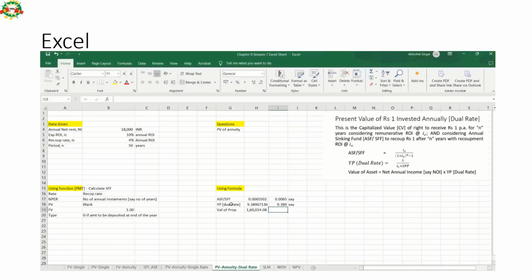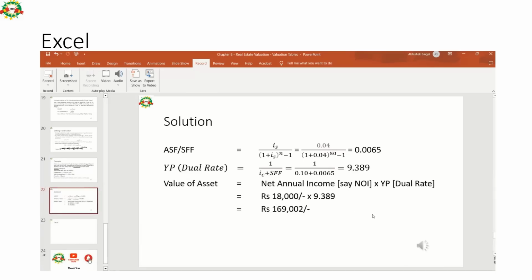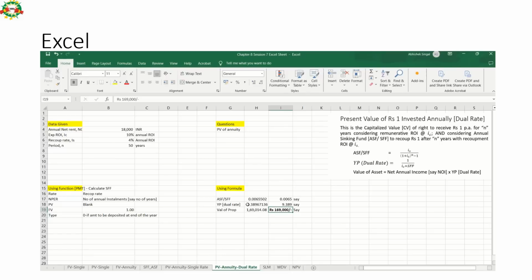So it is 169. So this is the answer, and it is matching with our solution, 169. So this is using the direct formula.